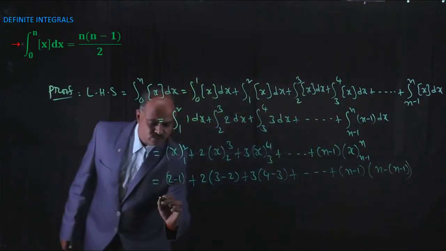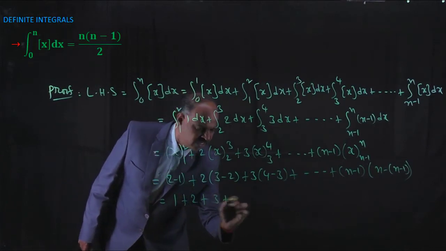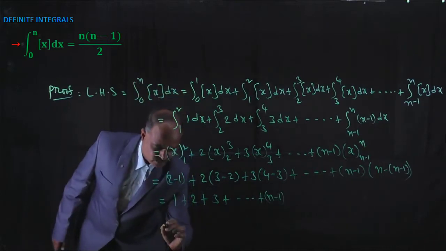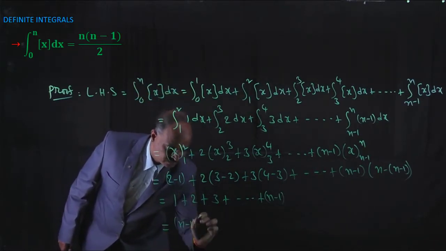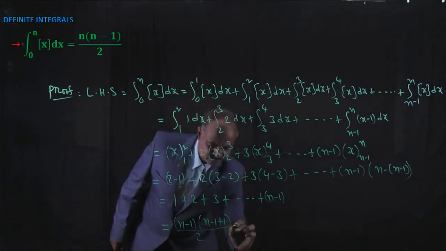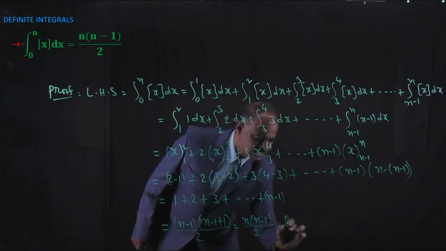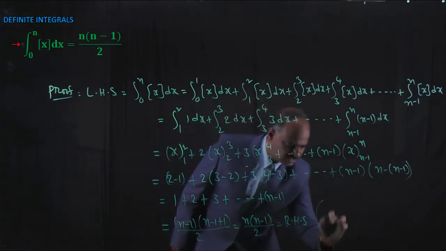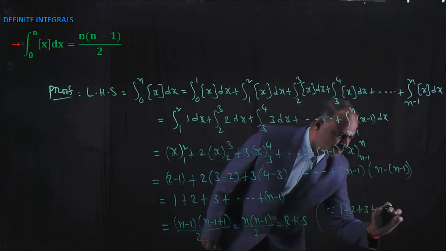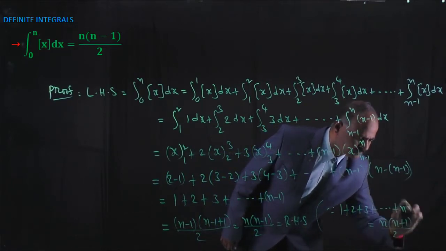Now here that is equal to 1 plus 2 times 1 plus 3 times 1, and so on, up to (n-1) times 1. Now this is equal to (n-1)(n-1+1)/2. Now this is equal to n(n-1)/2. So that is equal to the RHS, since 1 + 2 + 3 + and so on + n is equal to n(n+1)/2.